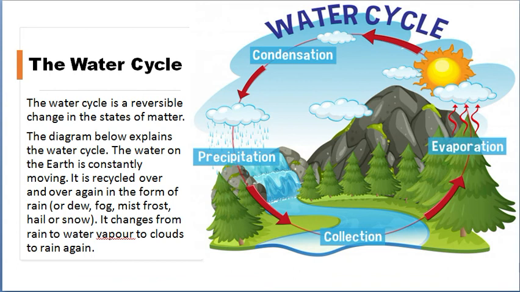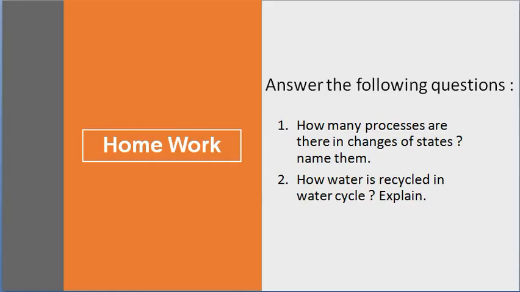I hope you clearly understand the concept of water cycle and all the processes. Now it is time to do the homework, students. And what is the homework? Answer the following questions. Question number 1 is, how many processes are there in changes of states?